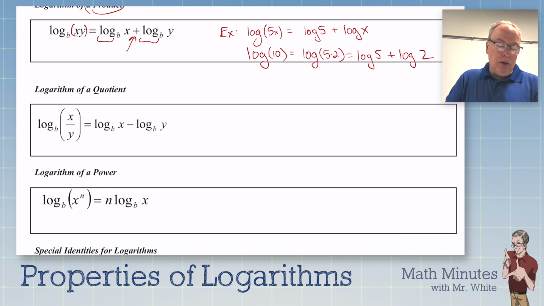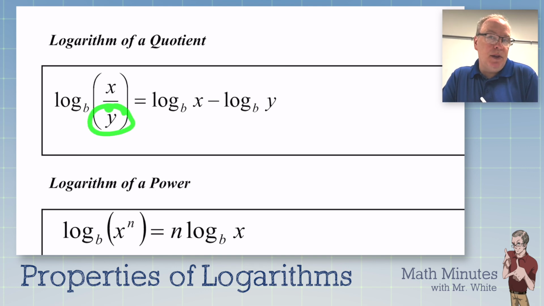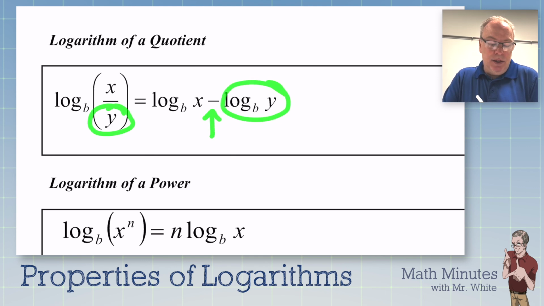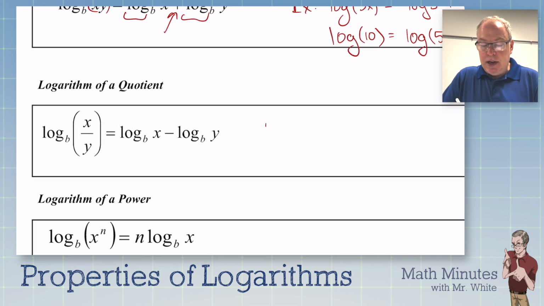Okay, quotient is very similar here. Quotient, logarithm of a quotient. So quotient means dividing. So you see we have a fraction, so that's division. And all that happens is that the variable or the number that's on the bottom ends up being second and becomes negative. So anything on the bottom becomes negative. So a simple example here would be, let's do another log base 10 example.